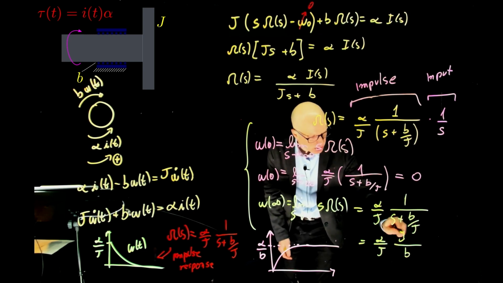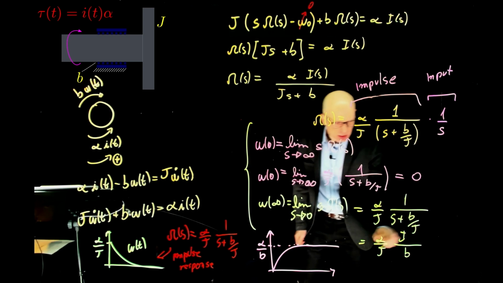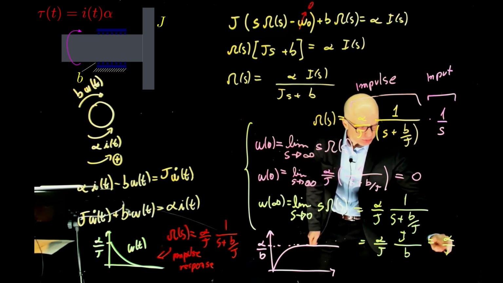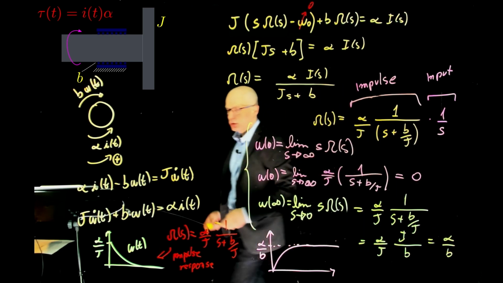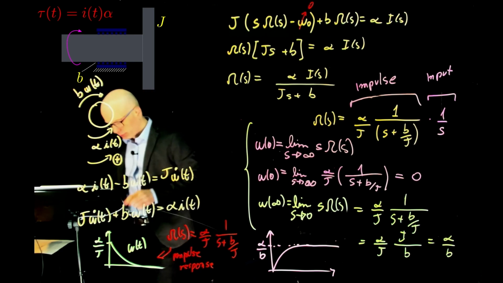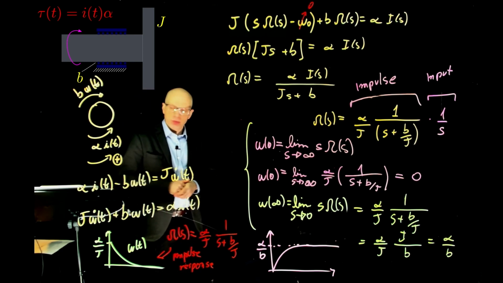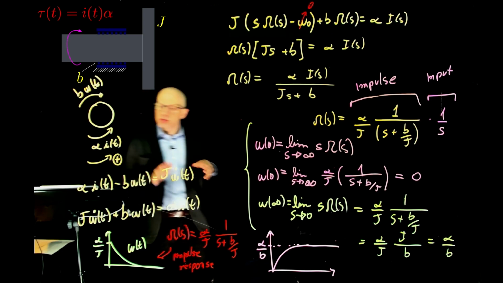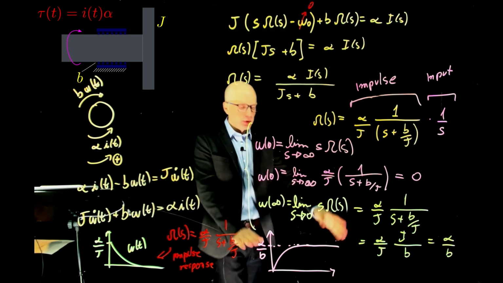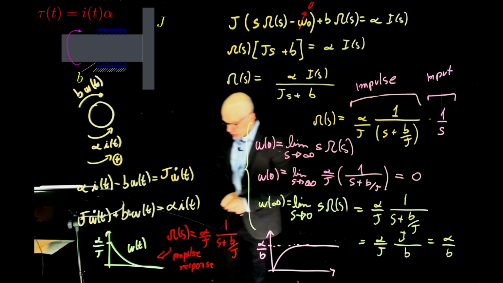So j goes upstairs, they cancel out, and I have alpha over b. Exactly what I had there. Right? So this way we can find this final value without even bothering with the inverse Laplace transform.